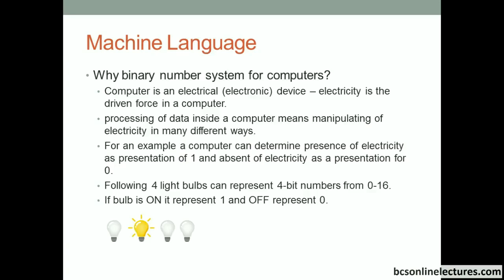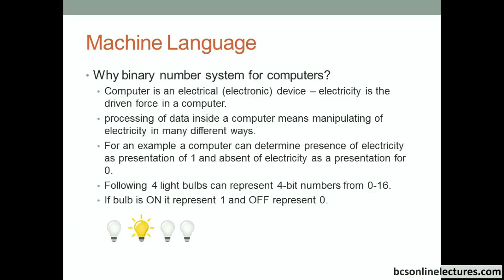Without electricity, computer is a dead machine. When you turn on the electricity, computer powers up, monitor becomes visible, and keyboard is functioning. Processor is processing data. We can see that cooling fan is working. So computer is live. Without electricity, it's dead. So we know that we need electricity to function a computer.